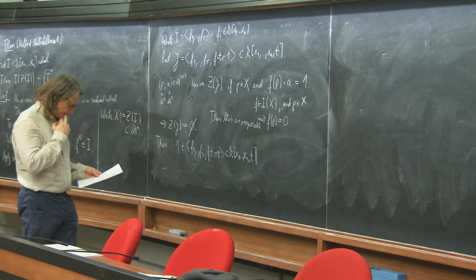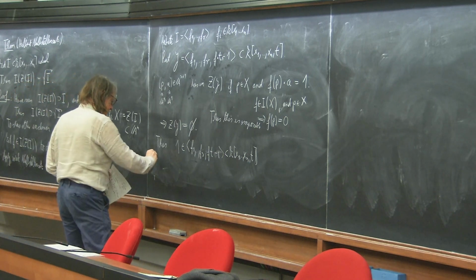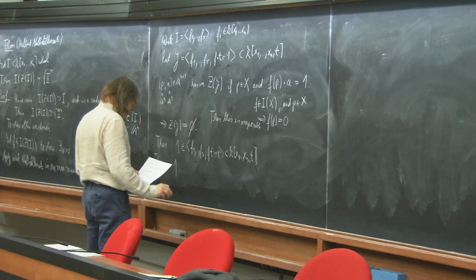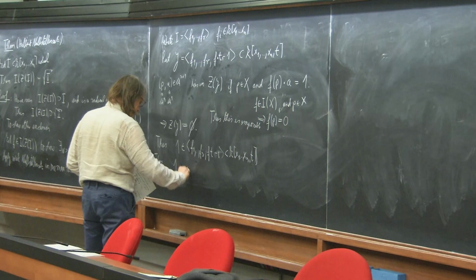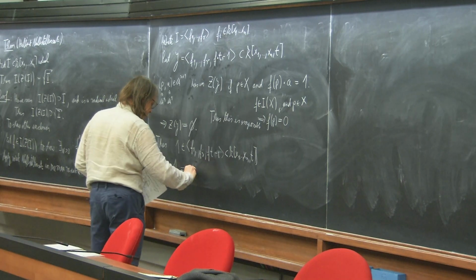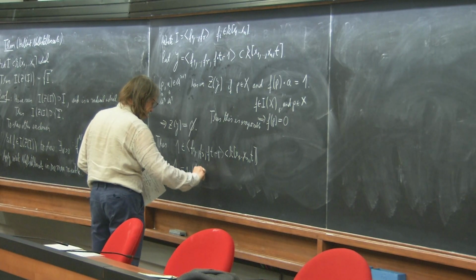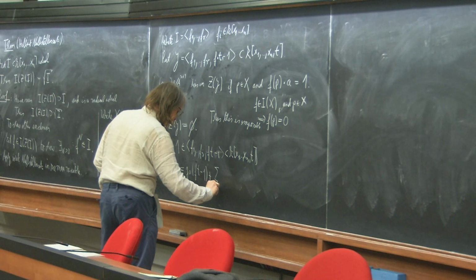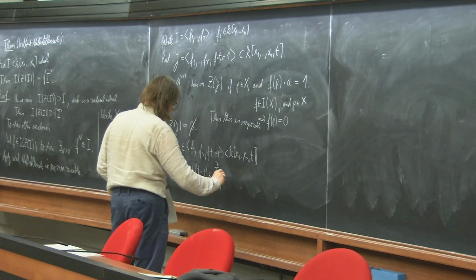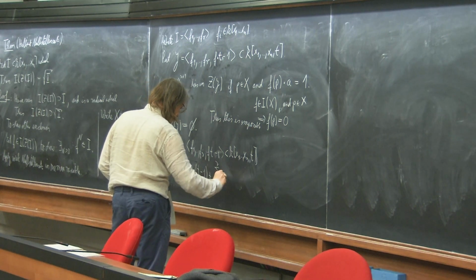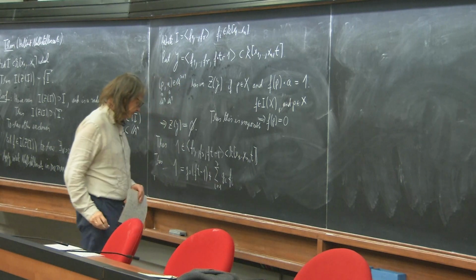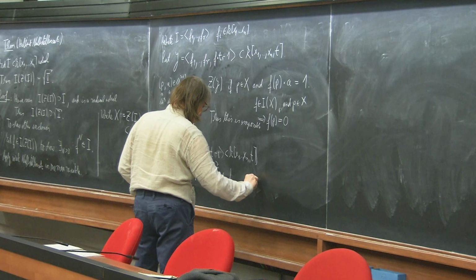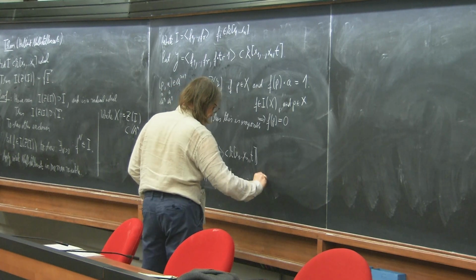So thus we have 1 is equal to G0 times (Ft minus 1) plus the sum from i equals 1 to r of Gi Fi, where the Gi are some polynomials in n plus 1 variables.